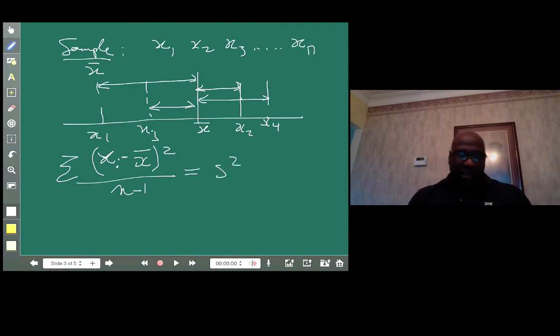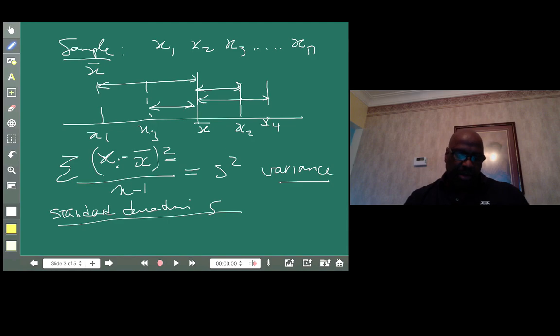The reason it's squared is because if you look here, you will see that we have a square, right? It's order 2. If we want the standard deviation, this is variance, so standard deviation, S, would be the square root of S squared.